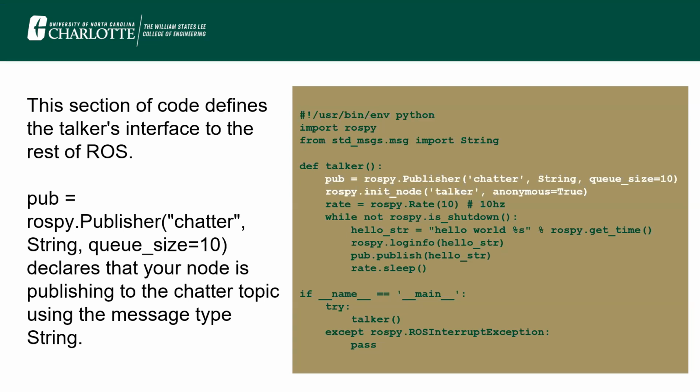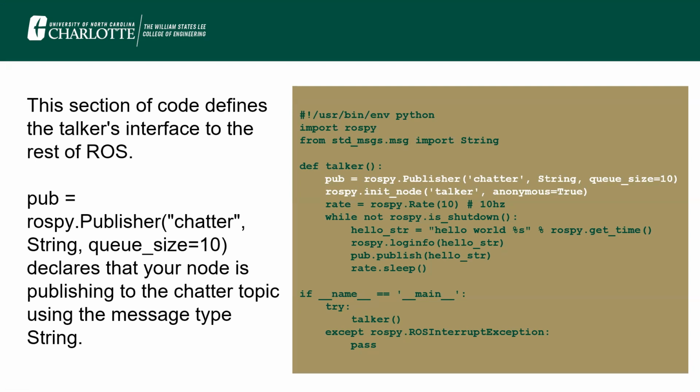Then, I think I skipped over it a little bit, but down at the bottom we've got this line referencing if __name__ is equal to __main__, and this is where our code is going to begin. When our code begins, it goes into a try-except block. It's going to run talker, where talker is like our main loop for this node.